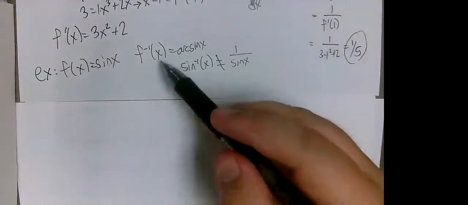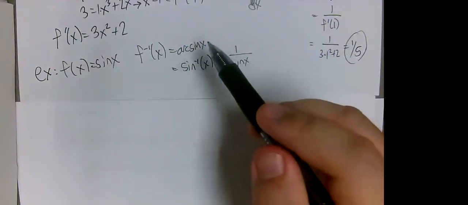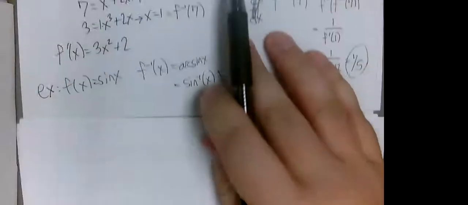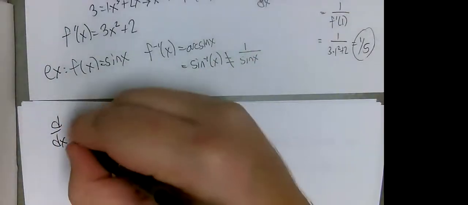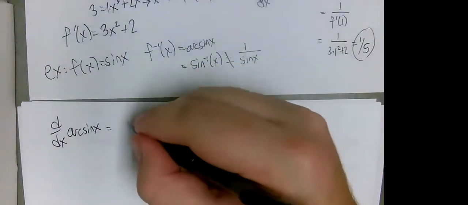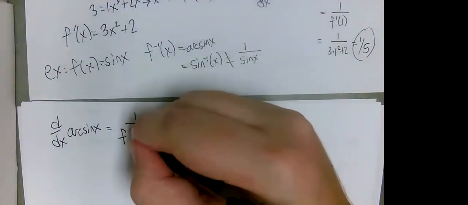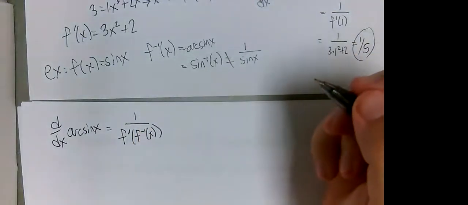Okay, so we want to find the derivative of arc sine of x, right? So let's see if we can use our formula here to help us out. The derivative of the inverse function, arc sine of x, is going to be 1 over f prime of f inverse of x.